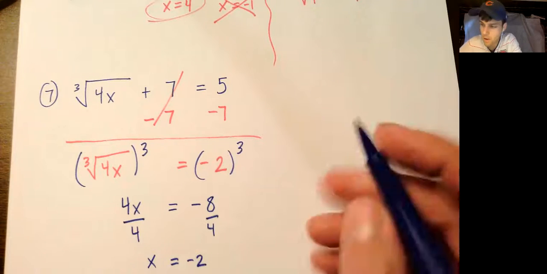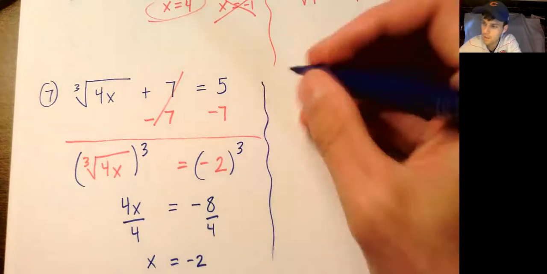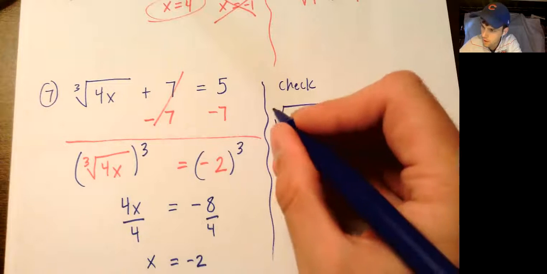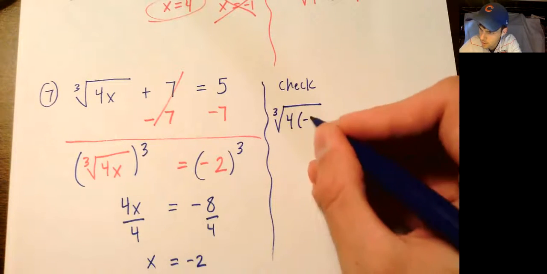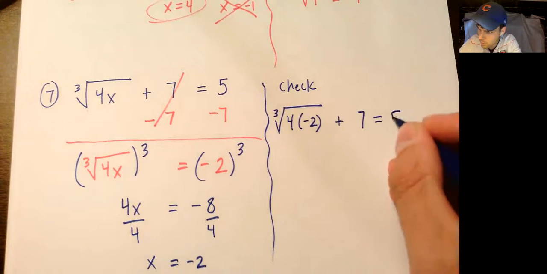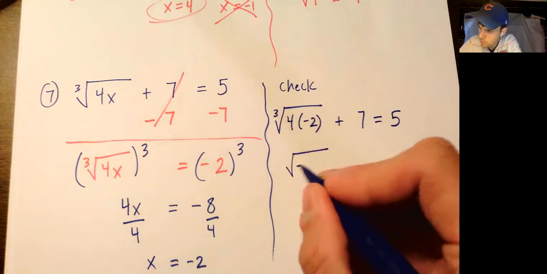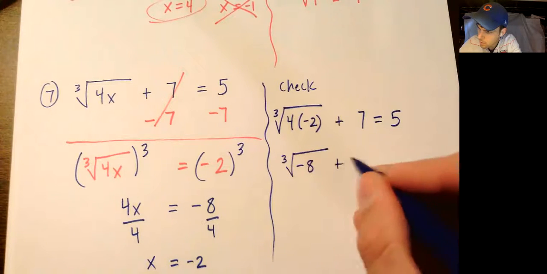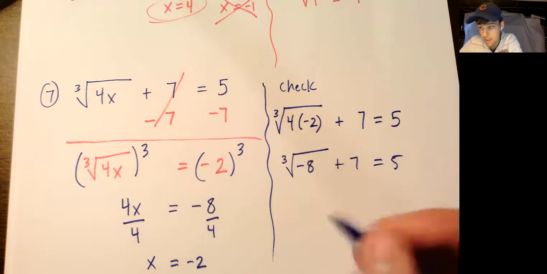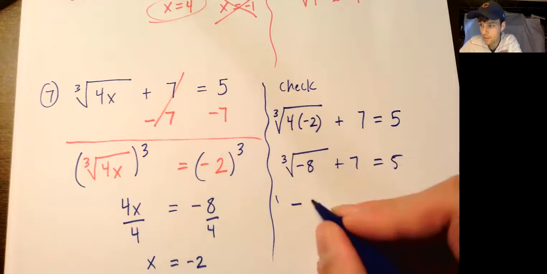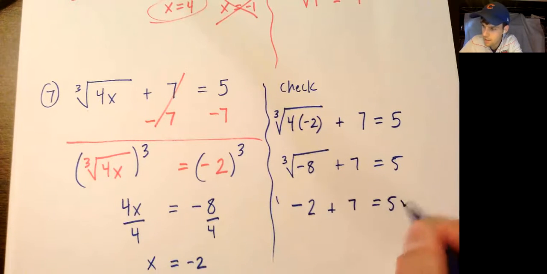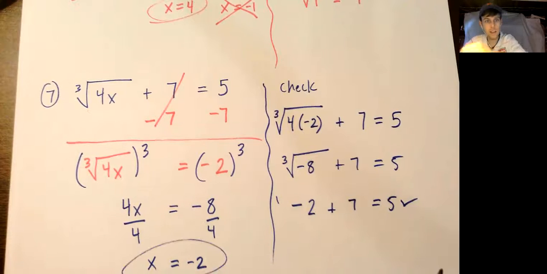All right, so now I'm going to go ahead and check this answer. I'm going to plug this in. Cube root of 4 times negative 2 plus 7 equals 5. So this is the cube root of negative 8 plus 7 equals 5. The cube root of a negative number is always negative. And then the cube root of 8 is 2. So negative 2 plus 7 equals 5. Yeah, that checks out. This is a solution, and we're good to go.